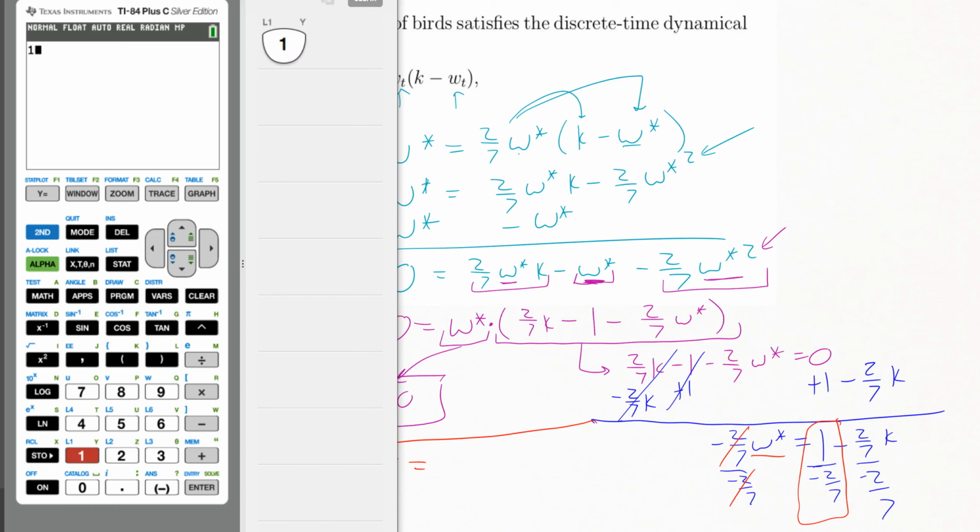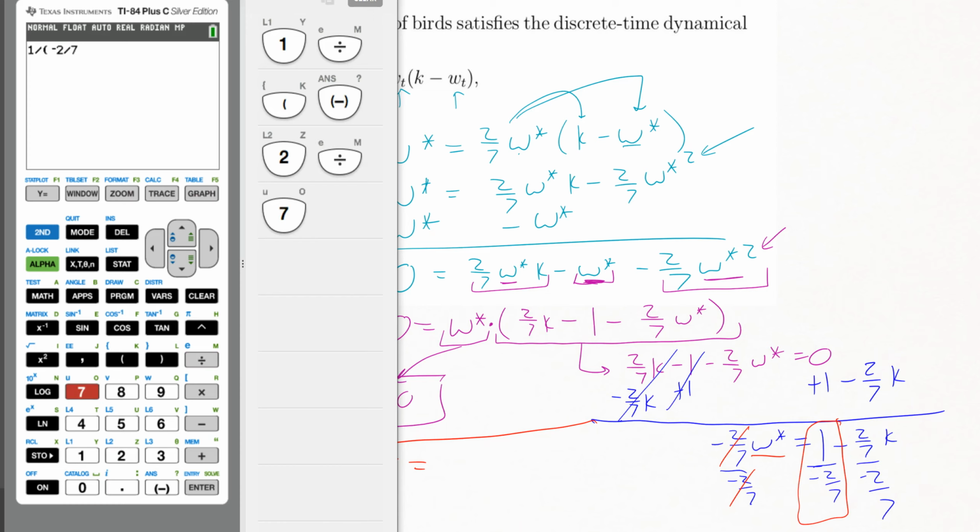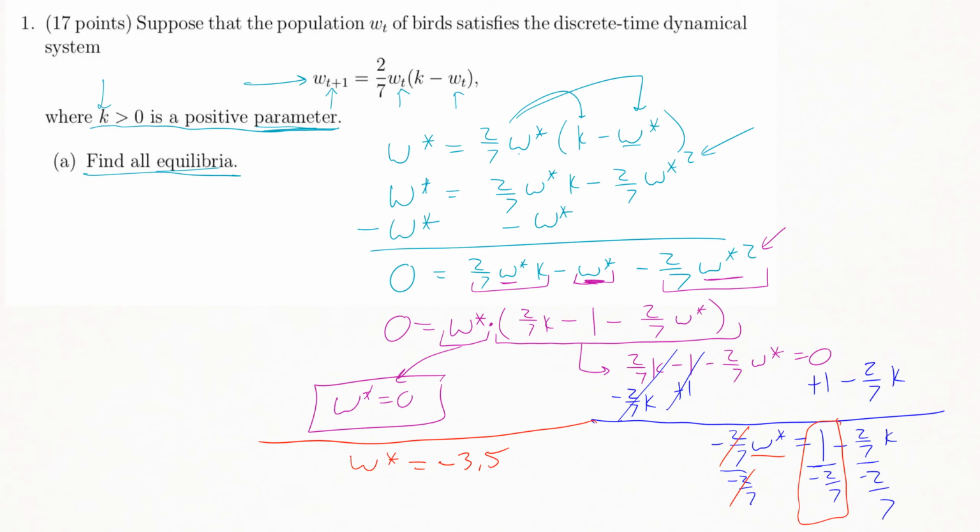So I would do 1 divided by, and make sure I put that minus 2/7 in parentheses, and hit enter. I'm going to get minus 3.5 there. And then minus 2/7 divided by minus 2/7 is going to give me a plus 1, and then we've got our k still sitting there. That would be our second equilibrium in this situation.